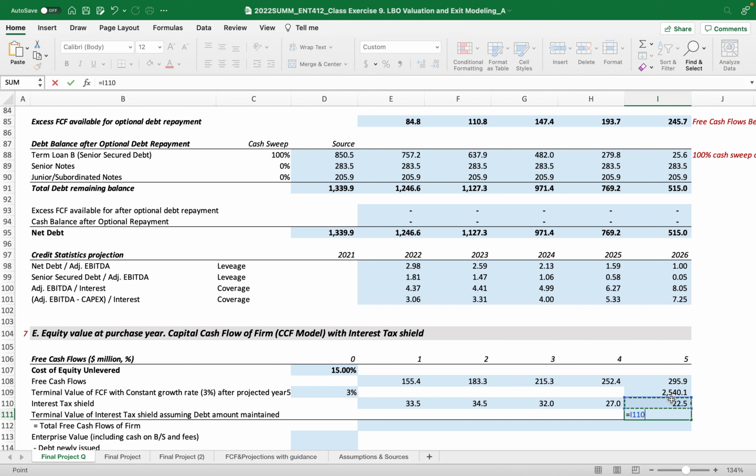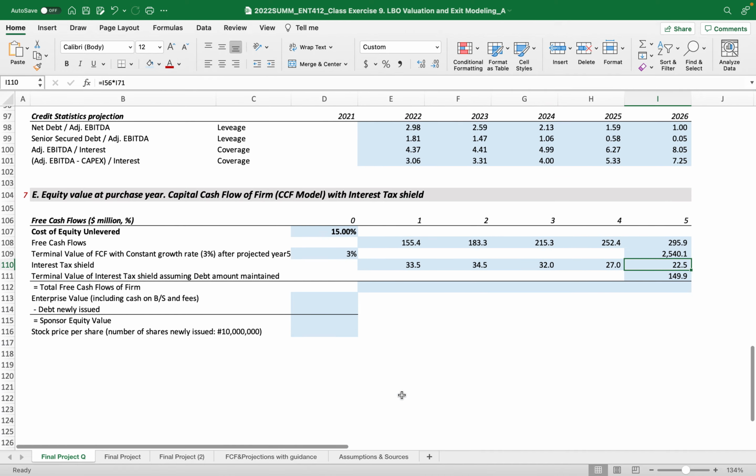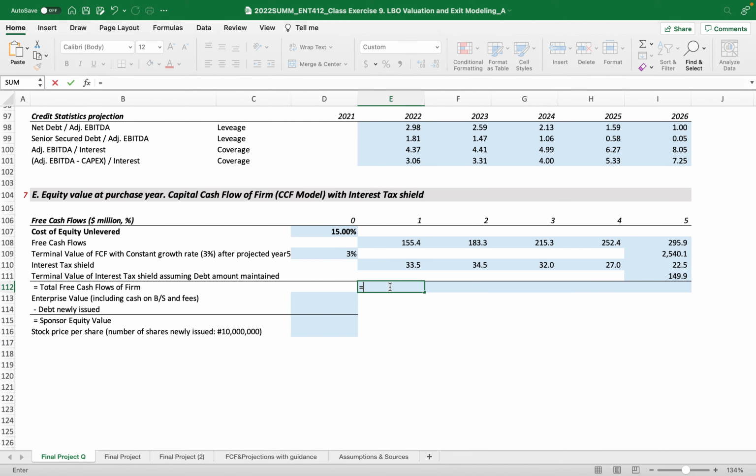Let's assume that after this, the debt structure will be maintained at the same value, because we don't have any other assumptions after year 5. So we use this terminal value just divided by the unlevered cost of equity, like a perpetuity.